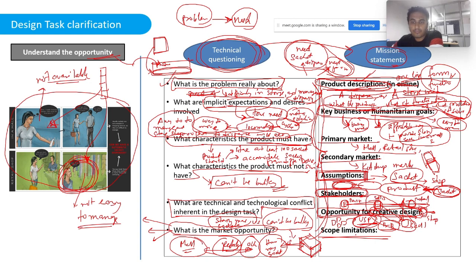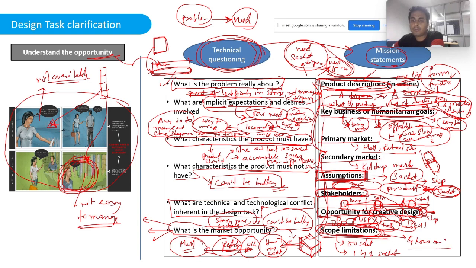Scope limitations. What is the technical limitation, or what is the design limitation that exists in your design? You can say, okay, it cannot store more than 50 sachets. It can only dispense one sachet at a time, one by one. Or it can run for 4 hours continuously.